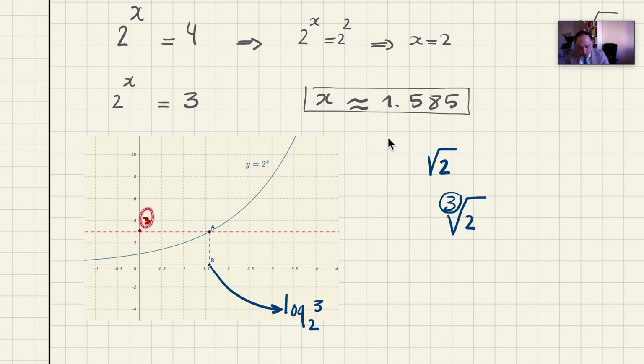The other number, 3, is the output. So if you want to give this a name, it is better to involve these two numbers that are important. And mathematicians have chosen to give the name log, and to put this output in front of log and to put this number a little bit lower as a subscript. That's it.